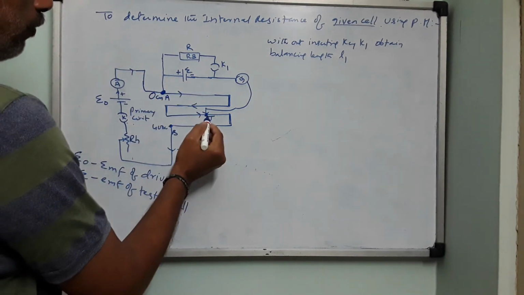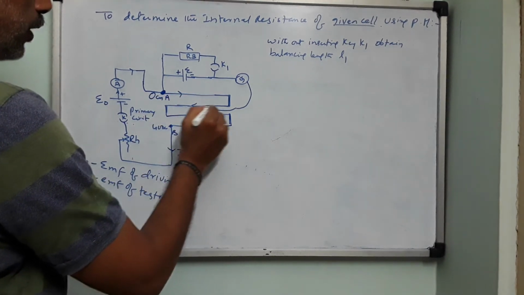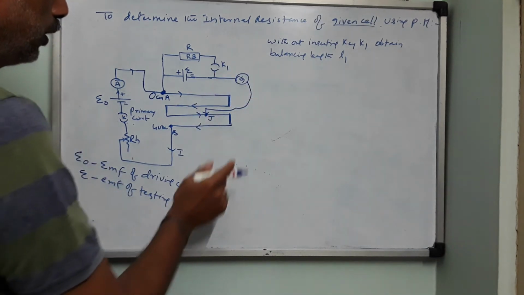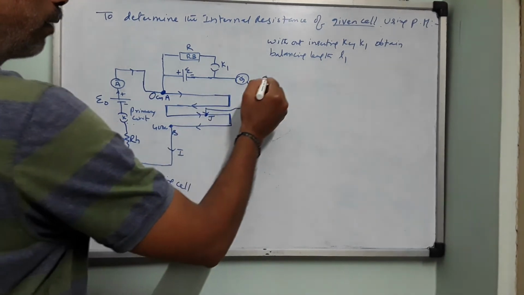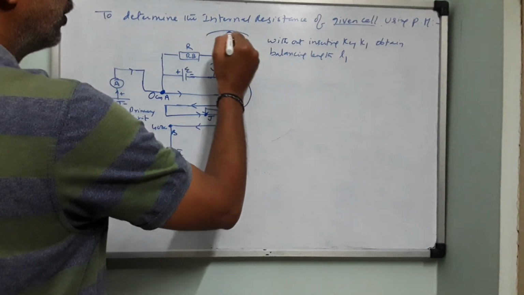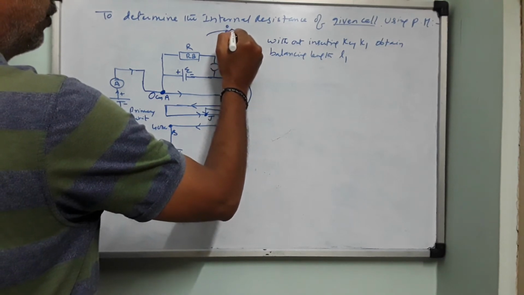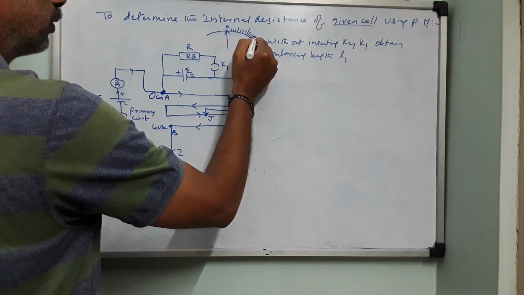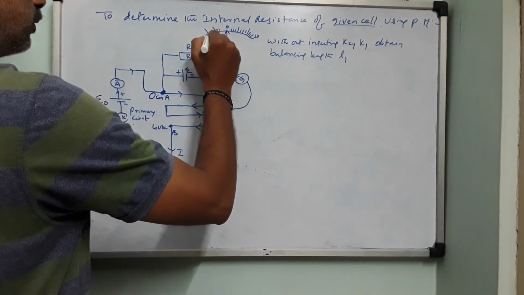Now, with the help of the jockey, go on touching the potentiometer wire like this. You will find deflections in the galvanometer. When you reach exactly this point J, your galvanometer will stand at 0. As I told you in the last class, there will be 30 divisions like this, and here also there will be 30 divisions.